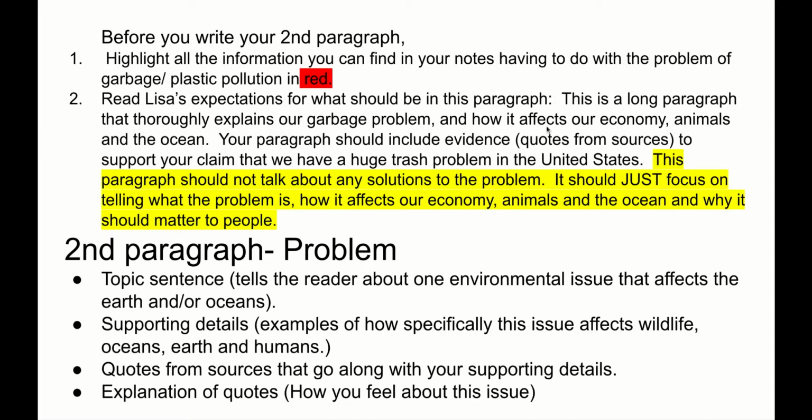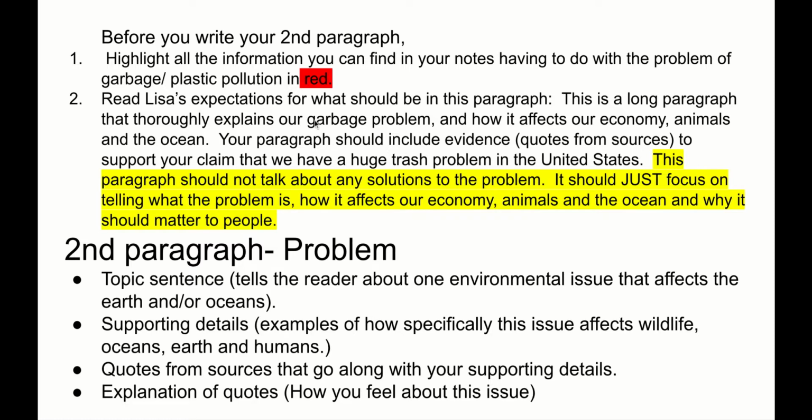And here's where the expectations are. So, this paragraph is a long paragraph that thoroughly explains our garbage problem and how it affects our economy, animals, and the ocean. So, economy is like the money system that we have in the United States, and how it affects people and how much money they have and how they can live.